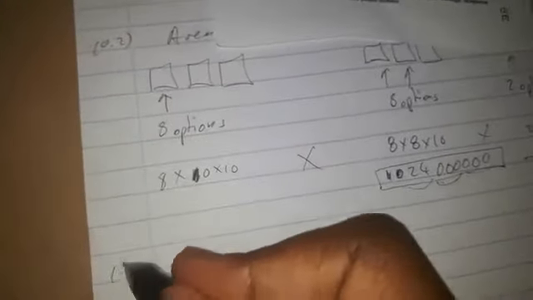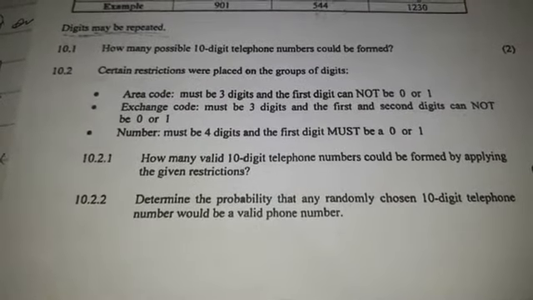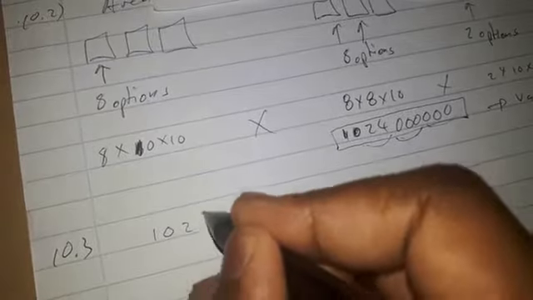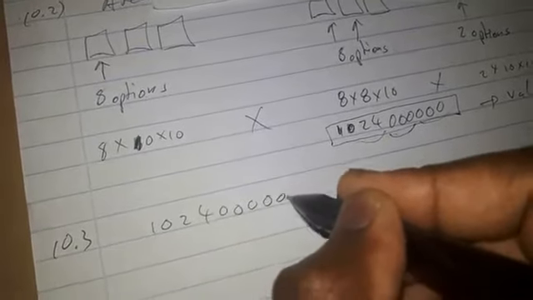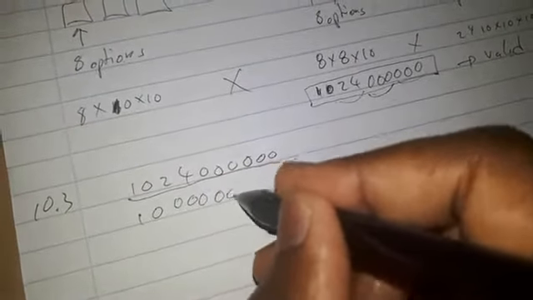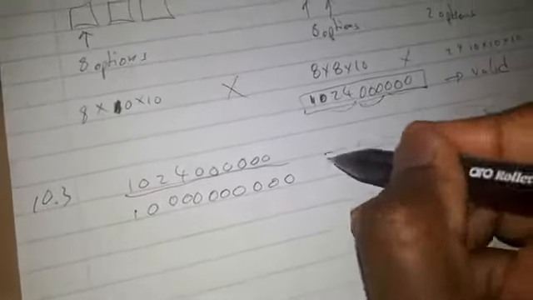Okay, so for 10.3, the probability that we pick out a valid telephone number is technically that value over all the possible digits. So it's going to be the ones that are valid, which is this number here, over 10 billion. So this here is our probability. Let's just use the calculator.